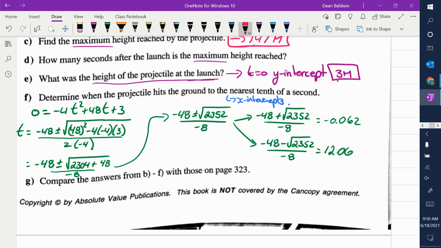Negative 0.062 and positive 12.06. Which one do you ignore? The negative 0.062. Why do we ignore that? What do these represent? Time, right? Can you have negative time? No.